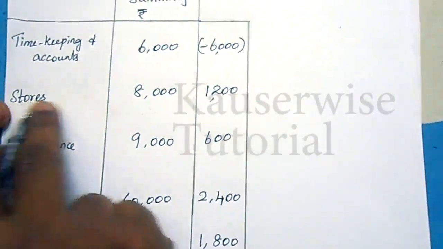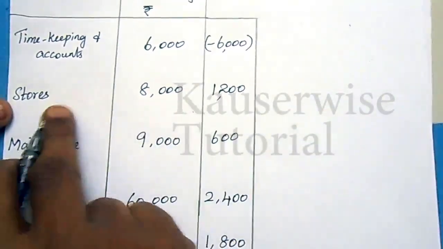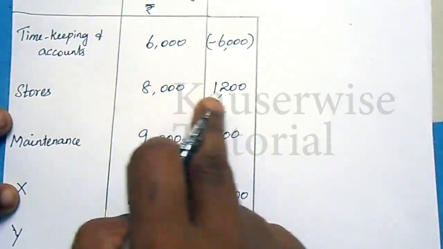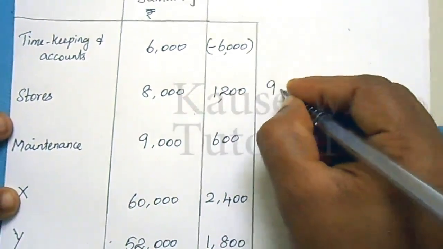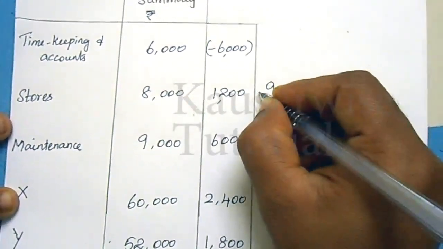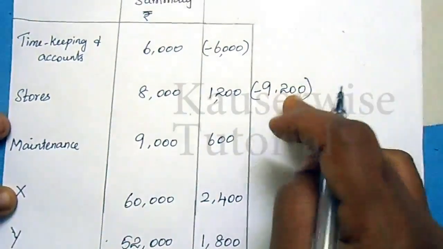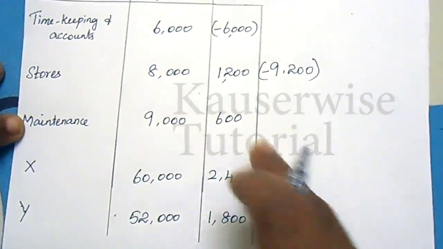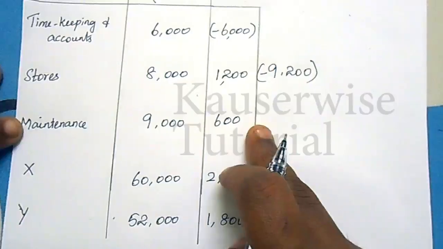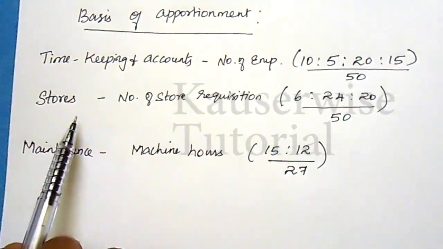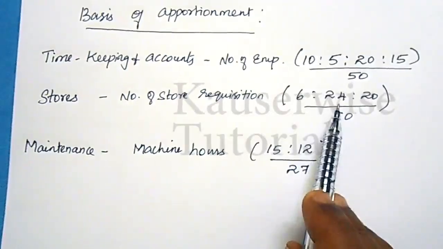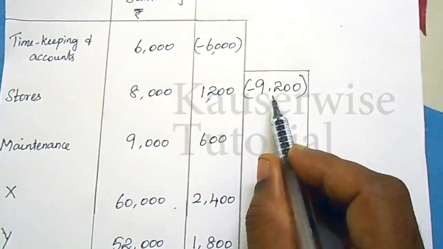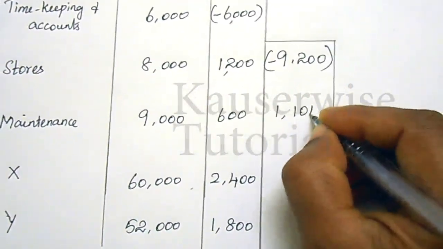Now we have to allocate the stores department's total cost. According to the primary distribution, the stores department overhead is 8,000, plus 1,200, total 9,200. This amount we need to redistribute to all other departments, that is 1 service department and 2 production departments, according to the basis of apportionment. The basis of apportionment for the stores department is 6 is to 24 is to 20, divided by 50. 9,200 into 6 divided by 50 is 1,104.